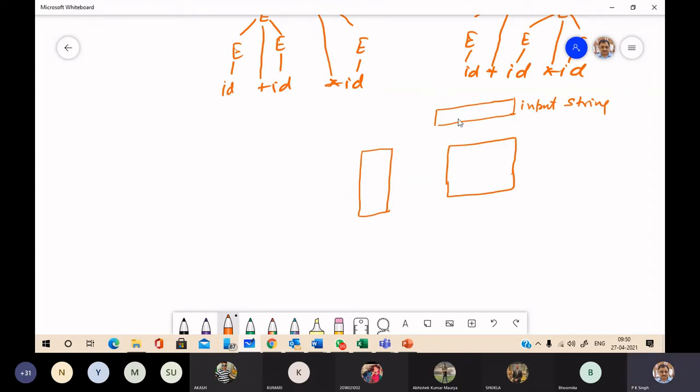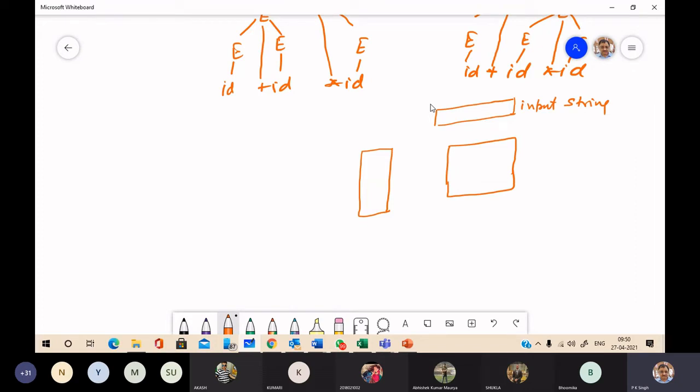So what does it do? It will shift, suppose, token by token onto the stack. After shifting, it looks for the handle on top of the stack.